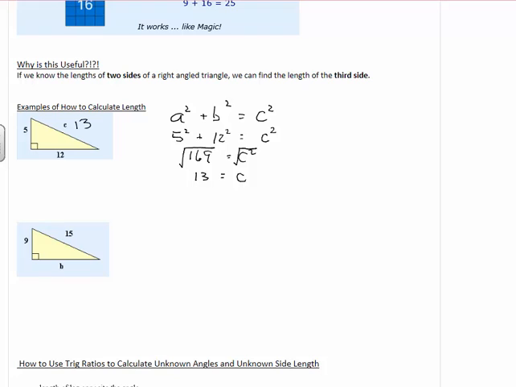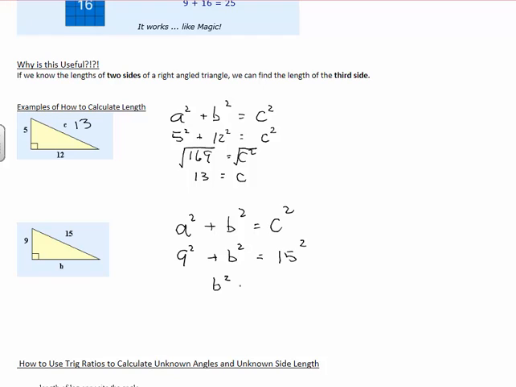Let's look at one more example where this time we know the hypotenuse, but we're trying to solve for one of the legs now instead. Again, I start with my formula, and I substitute the 9 into a squared. You might substitute it into b squared, and that's just fine, as long as that 15, the hypotenuse, always goes on the right side of the equals.